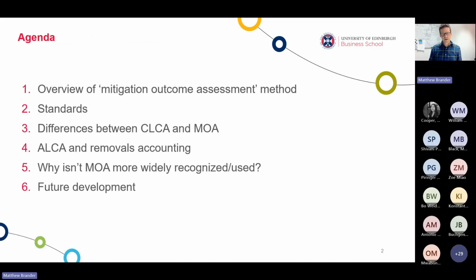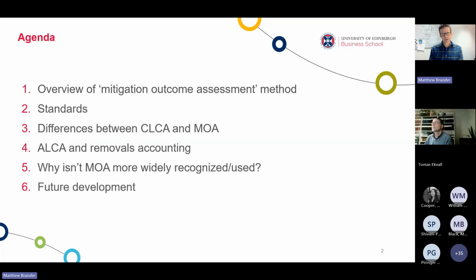Just to give an overview or an agenda for what I'll cover, I'll start off by giving a brief overview of this mitigation outcome assessment method. I'll then talk about some of the standards that exist related to this method. I'll then talk about some of the differences between consequential life cycle assessment and an MOA.